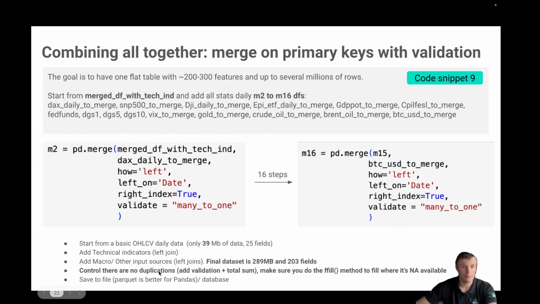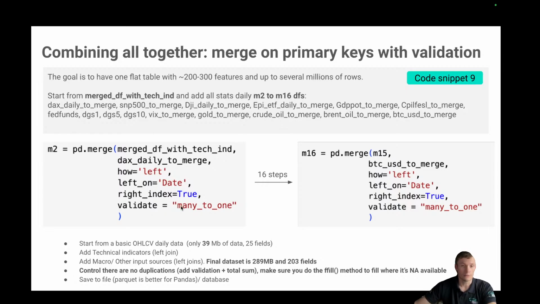What you need to think about, you probably not in this case, but in all other cases when you have some scraped data, you need to control for duplicates. That's why I have validate many to one or one to one or one to many or many to many. So what does many to one mean? That means that we can have many records from the left data set.